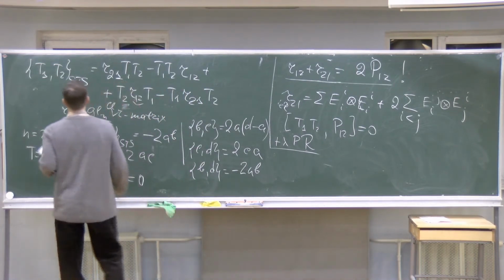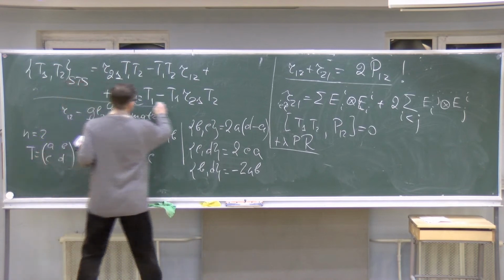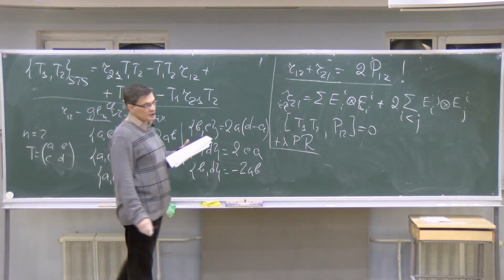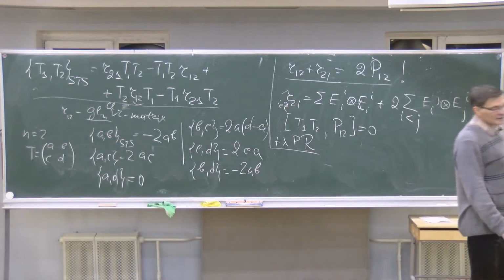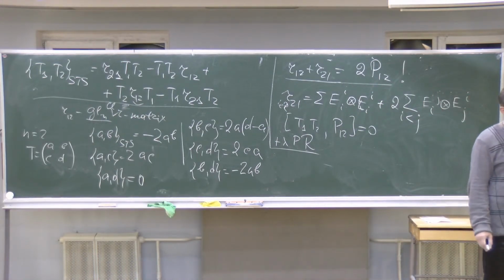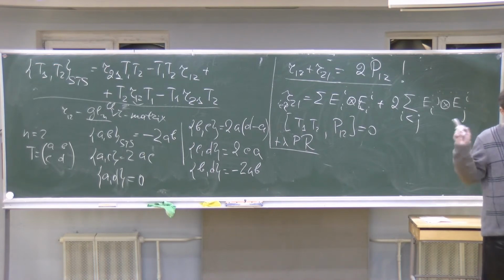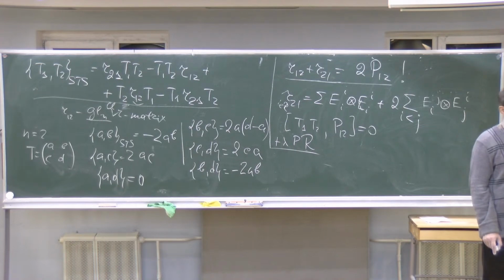It's much more difficult to prove that this is indeed a Poisson bracket, especially it's difficult to prove that it satisfies the Jacobi identity. But the very interesting property of this bracket is that it has the Poisson center, which is the same as for the Poisson-Lie bracket.